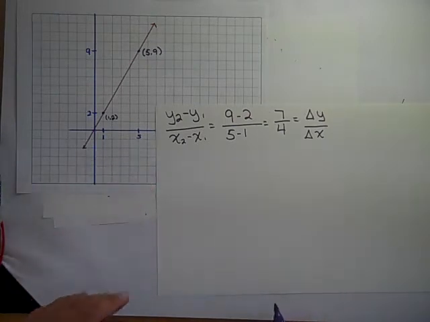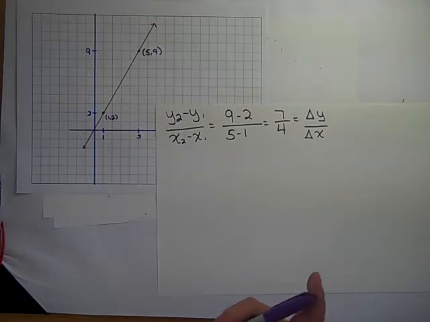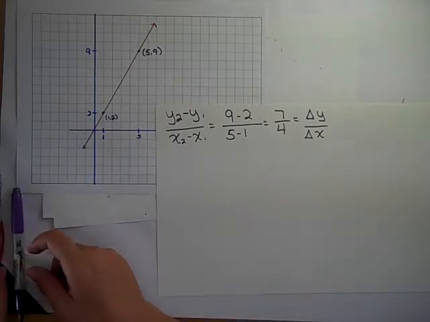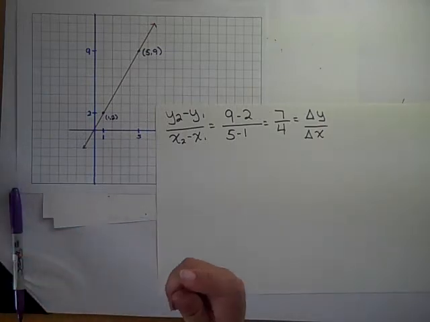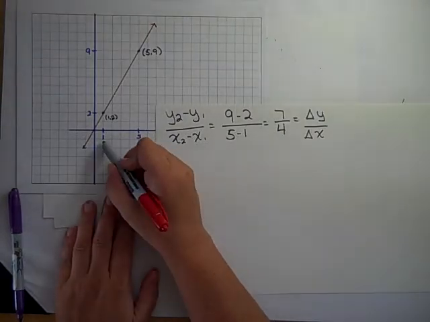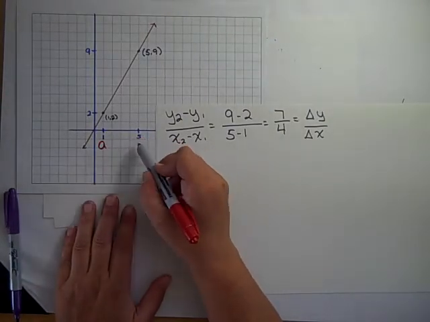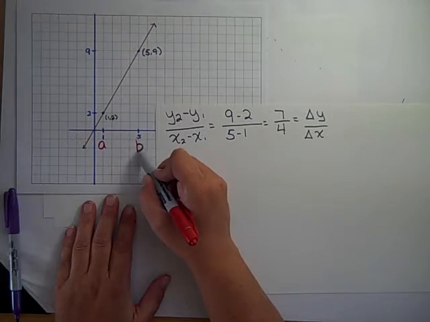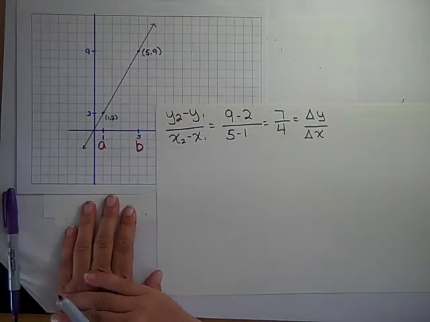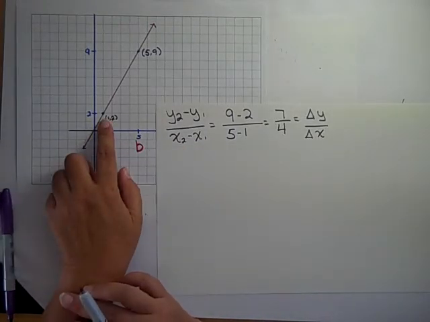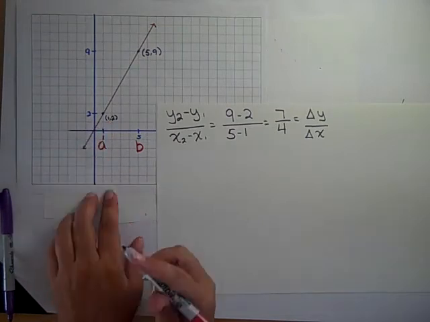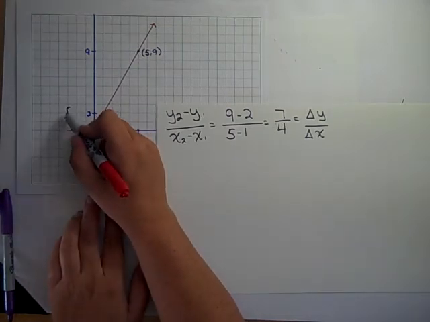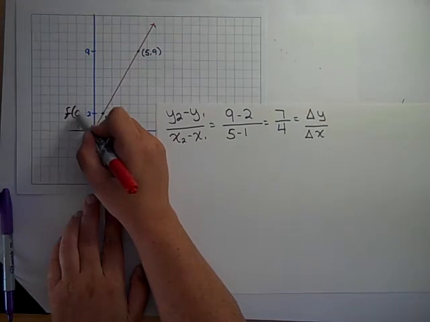Now, what if on this graph we just used letters instead of numbers? So let's make this point A, the 1. Let's make this point B. What would we call this point? Well, in calculus language, this corresponding y value would be f of a.